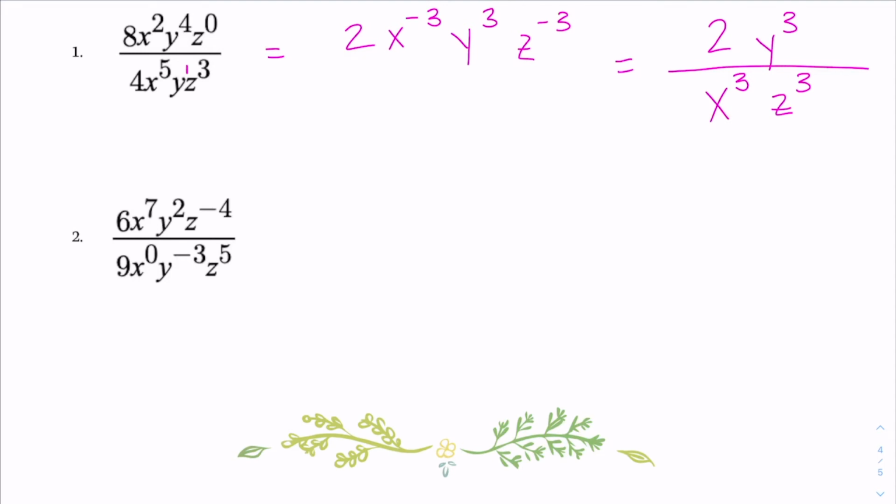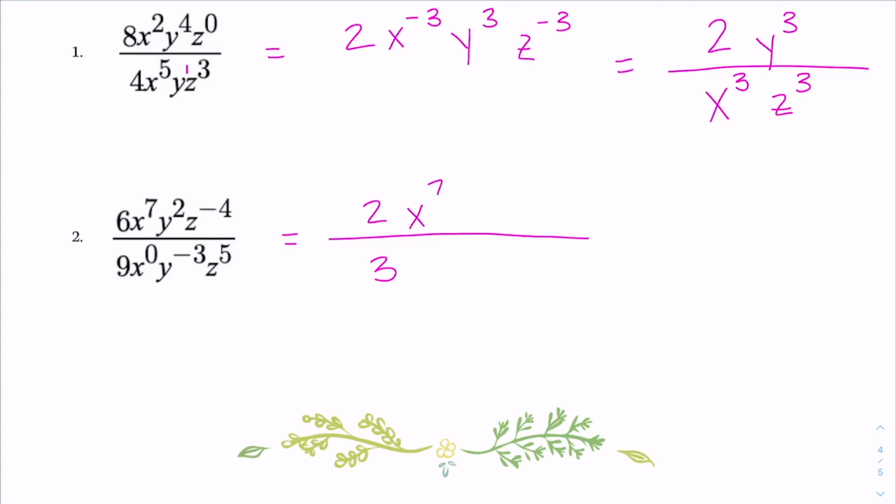All right, looking at number 2, I recommend pausing the video and trying this one on your own. So looking at 6 and 9, 6 divided by 9 gives us 2/3, because we can simplify that. All right. Looking at our x's, 7 minus 0 gives us 7.